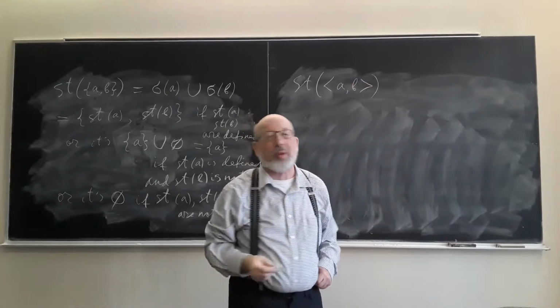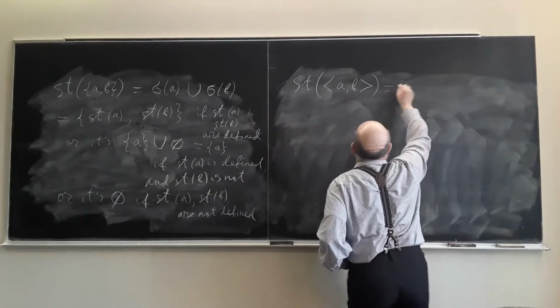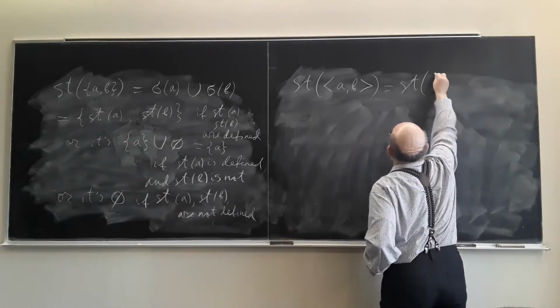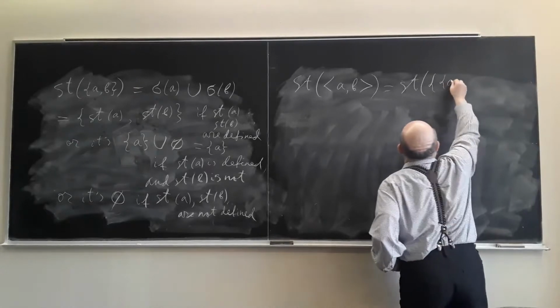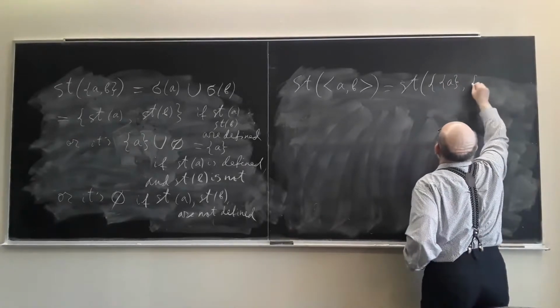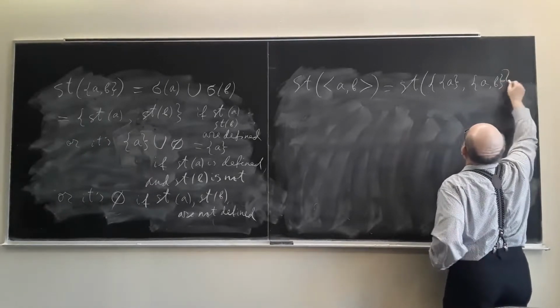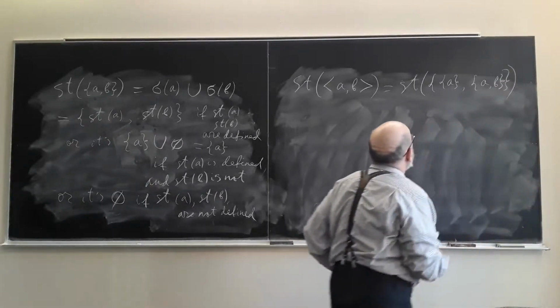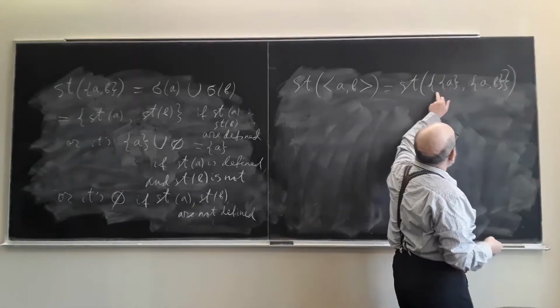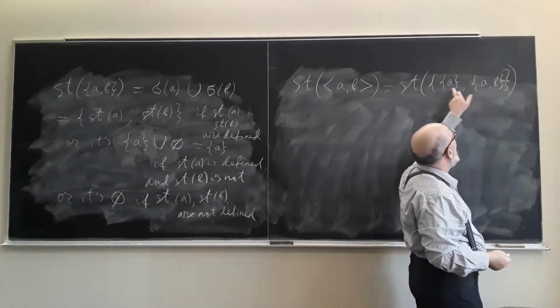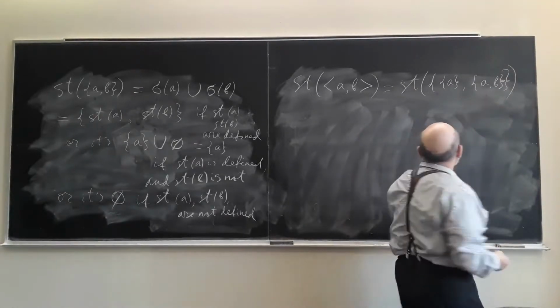So what is an ordered pair? By definition, the ordered pair is the set {{A}, {A, B}}. So you have a set whose elements are two sets.